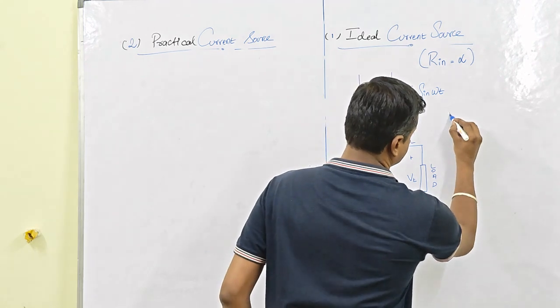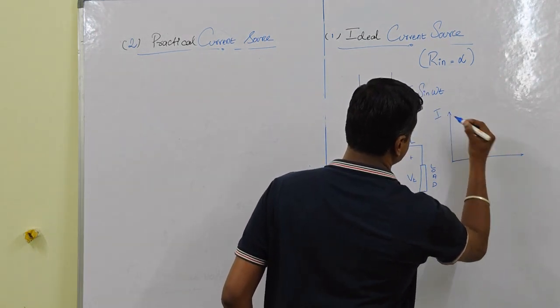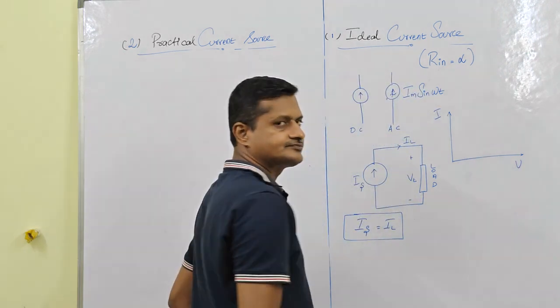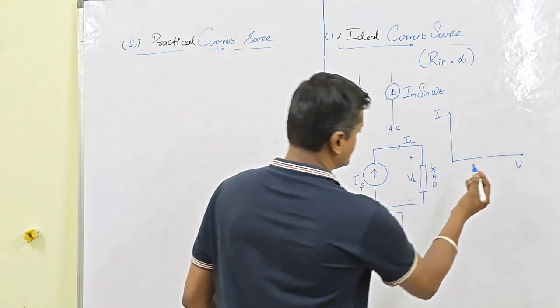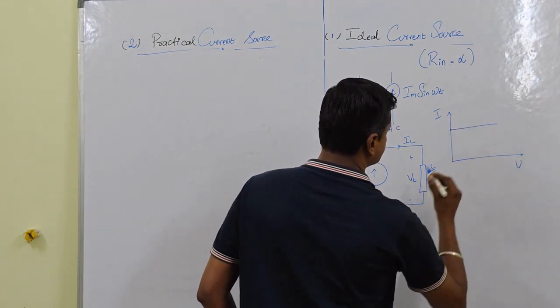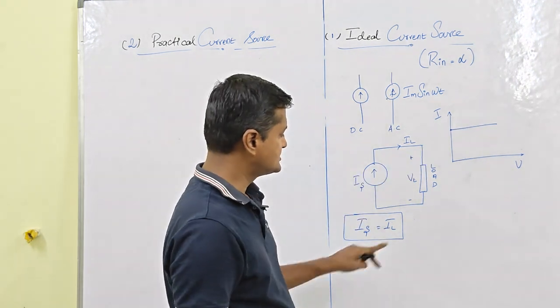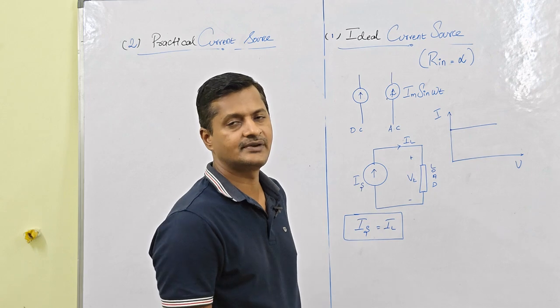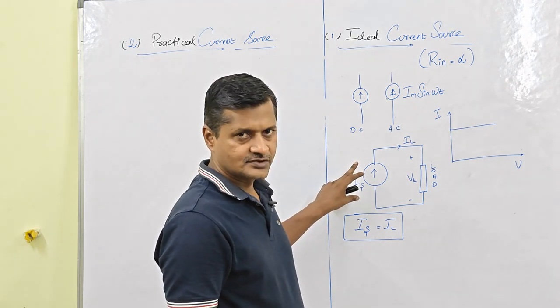Referring to the graph of current versus voltage, the current is constant and is not dependent on the voltage.